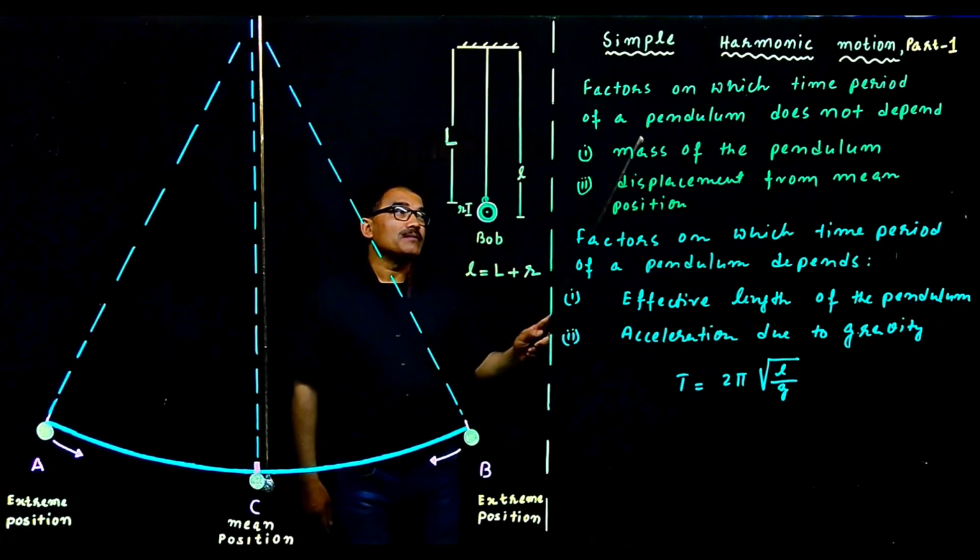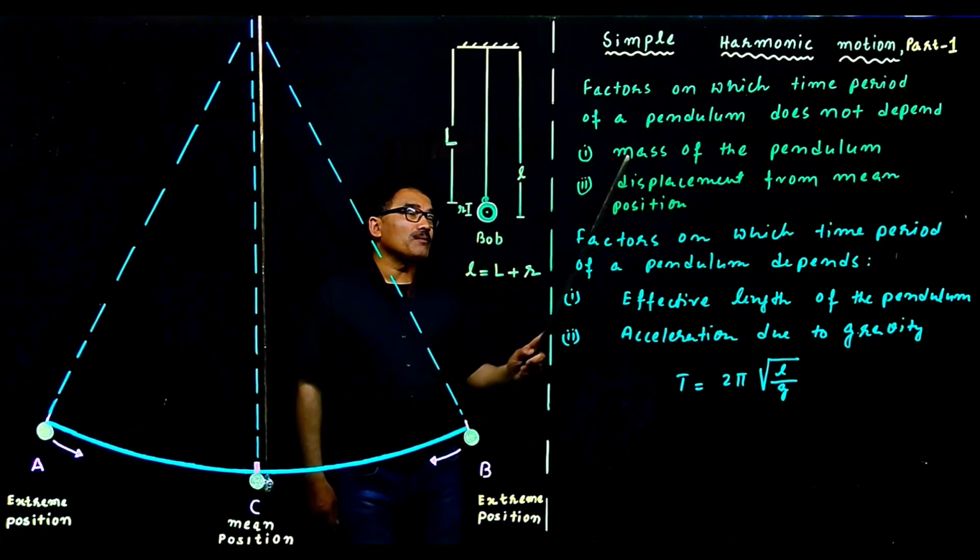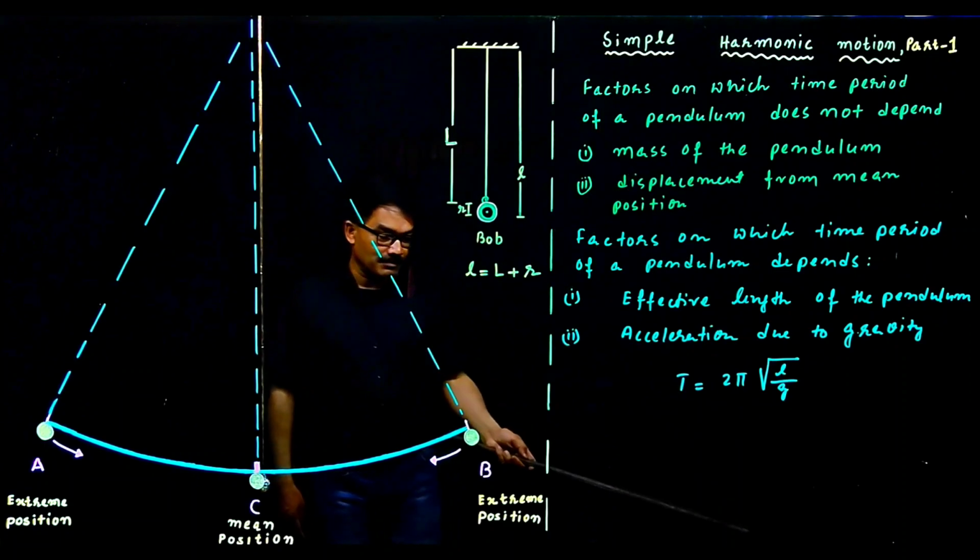First factor is the mass of the pendulum. Second factor is displacement from the mean position. So let us check the first factor on which the time period does not depend: the mass of the pendulum.